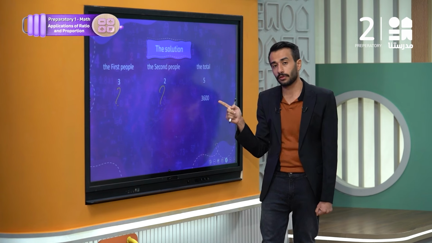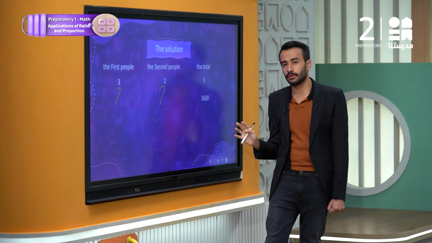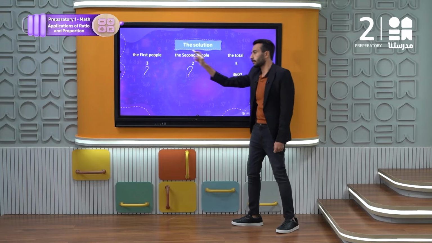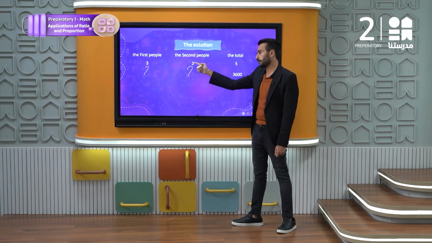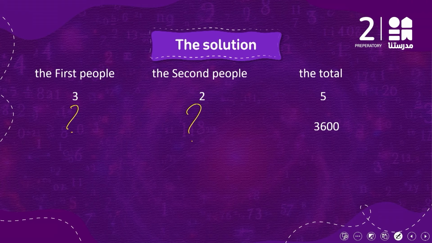So 3,600 times 2 divided by 5. This is for the second person. For the first person, you will take this times 3 divided by 5. I would prefer to start with the second person first, or the amount which is nearer, so you can find an easy way to multiply and divide before you go for the furthest one.